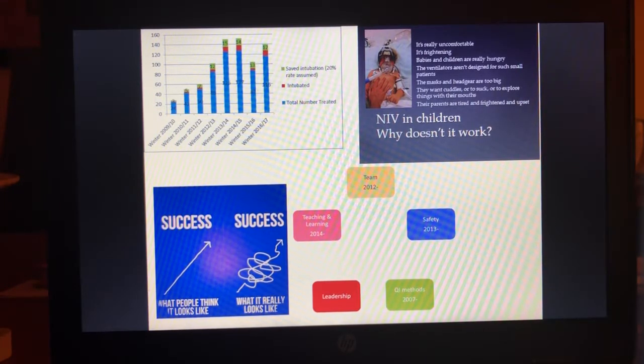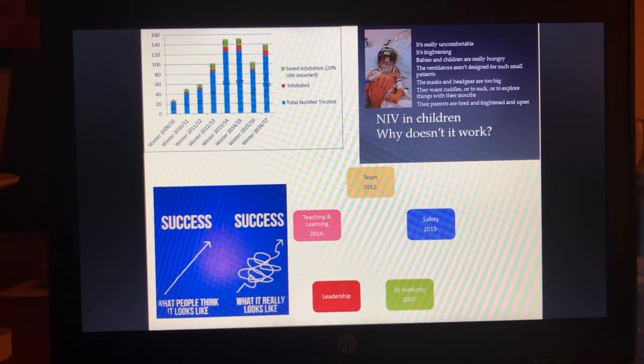Now I'd like you to look at the top left-hand bar chart, which shows the number of children under the age of 2 with bronchiolitis that we treated in our paediatric critical care unit at the Royal Alex Children's Hospital from around 2010 onwards. Because we'd had this facility from 2010, 11 and 2012, we were treating modest numbers of children and achieving quite good rates of reduction in intubation.